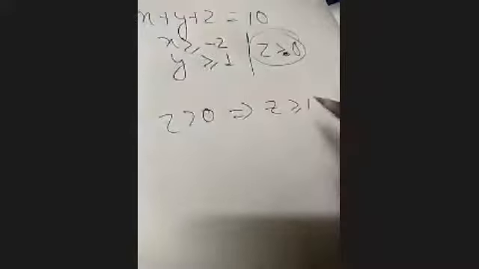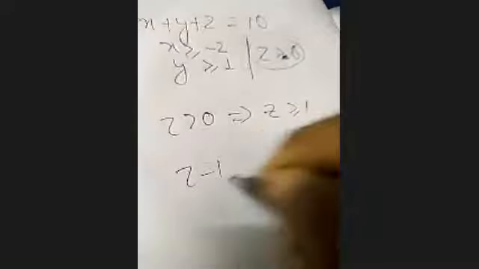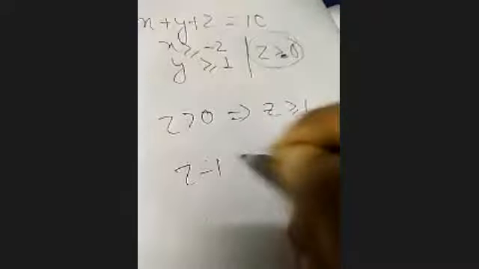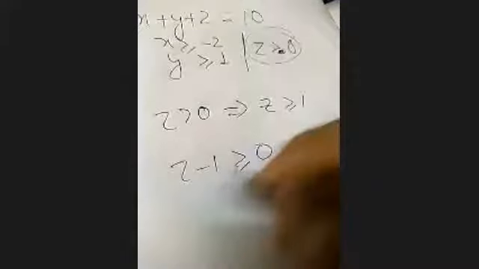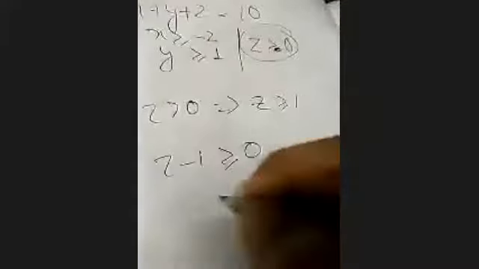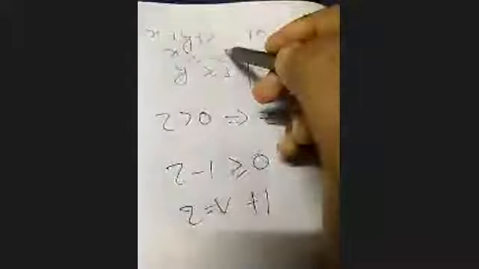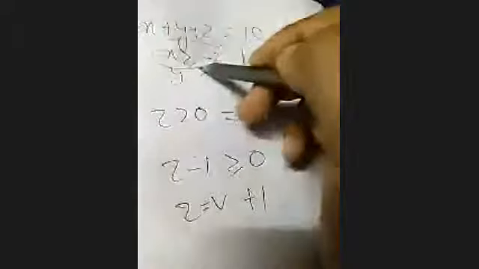The same thing, z is greater than or equal to 1, that means z minus 1 is greater than or equal to 0. Let z minus 1 equal to v, then z equals v plus 1. Using the same technique, let's analyze for x greater than or equal to -2.